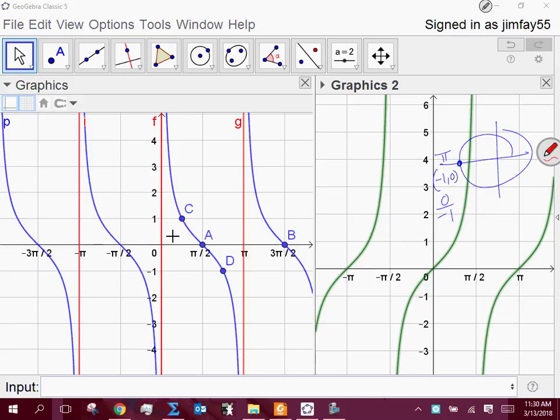But on the cotangent, which is the reciprocal of this, at pi, at that spot right there on the unit circle, the cotangent is -1 divided by 0. And we know that we can't do that. So everywhere that we have an x-intercept on the tangent, you're going to actually have an asymptote on the cotangent. Does that make sense?